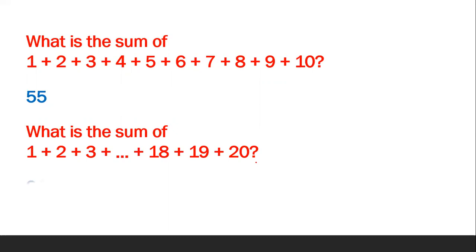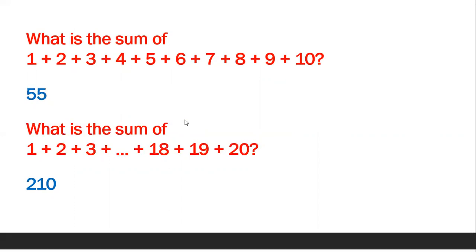The answer should be 210. But imagine what if the question asks you to find the sum of the first 30 numbers, the first 40 numbers, even from 10 to 20, it makes quite a big difference for us to count. It takes more time, right? Moreover, if you have to count more numbers than 20.